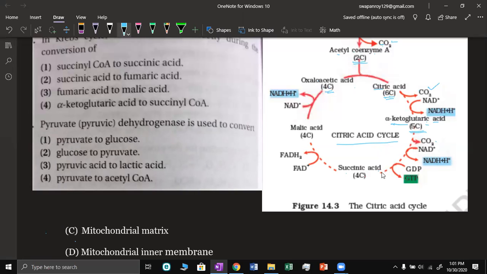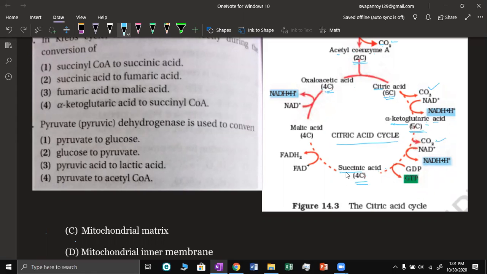Several step reactions are there. That's why it is a broken line. Here there is no broken line. It is formed directly here. So there is a loss of one carbon atom here. That's why this succinic acid is a 4-carbon compound.